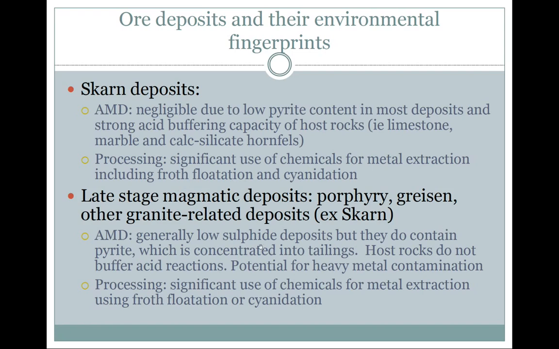AMD is generally low sulfide deposits, but they do contain pyrite, which is concentrated in the tailings and can lead to AMD. And the host rocks do not buffer acid reaction, so we have potential for AMD that we need to mitigate, maybe with introduction of limestones, and we have potential for heavy metal contamination. And processing, significant use of chemicals, froth flotation and cyanidation.